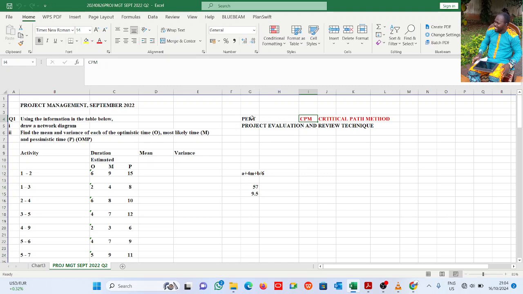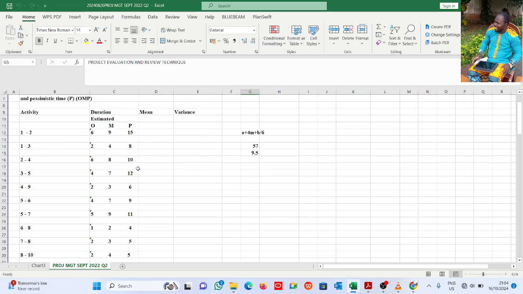PERT is based on a probabilistic approach, that is, uncertainty, which is why you have 3 different estimated times, while the critical path method is based on a deterministic approach and has only 1 time. Don't worry, I will make tutorials on that also. So let's focus on what we have here: PERT.